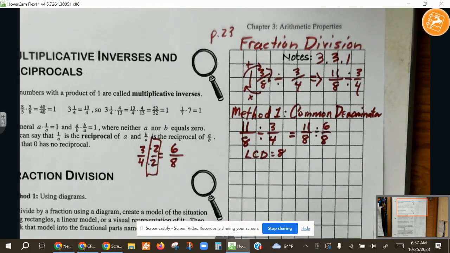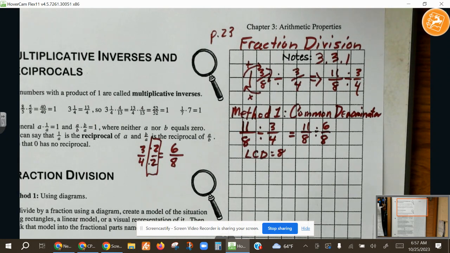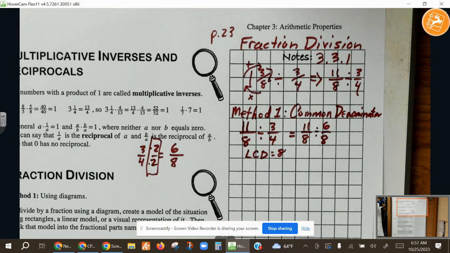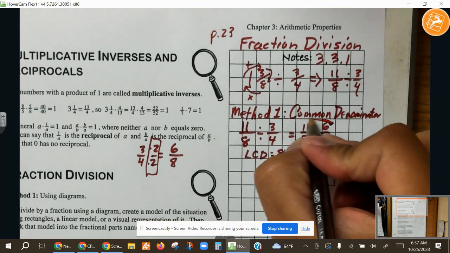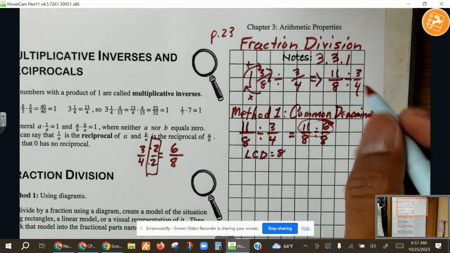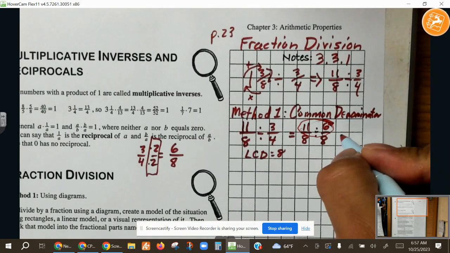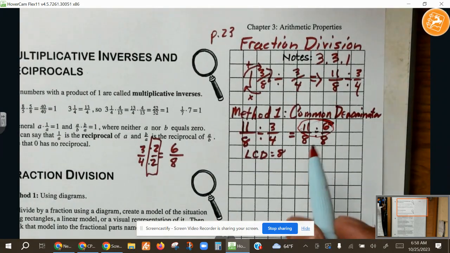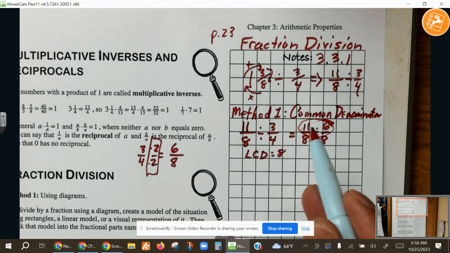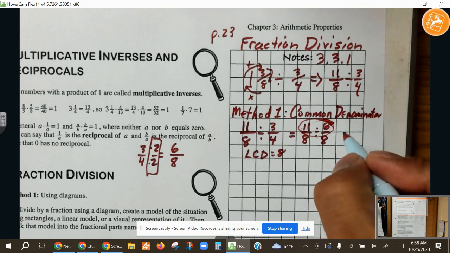All right, now our answer to this problem is the numerators. Okay, so if you look at the numerators of both of these, you have 11 and 6. And there's the answer. So the key behind the common denominator method is once you find a common denominator and you rewrite that fraction as a new fraction division problem, there's your answer on the top, 11 divided by 6.